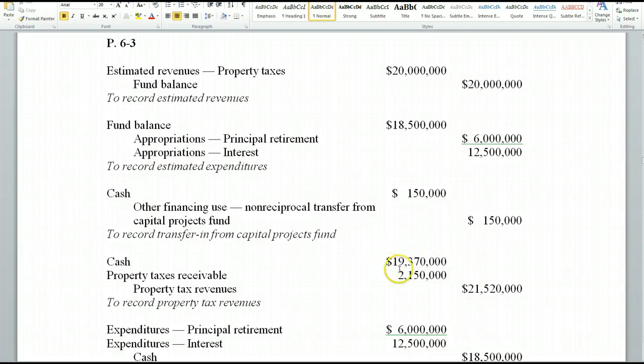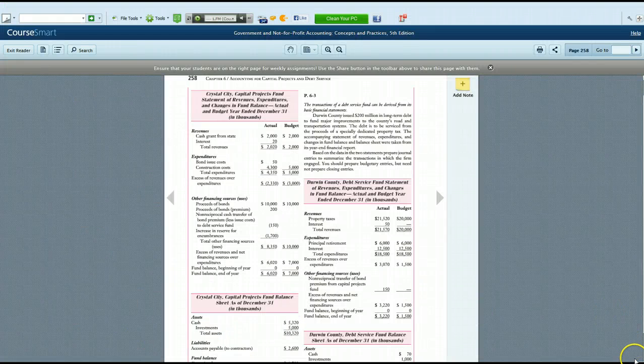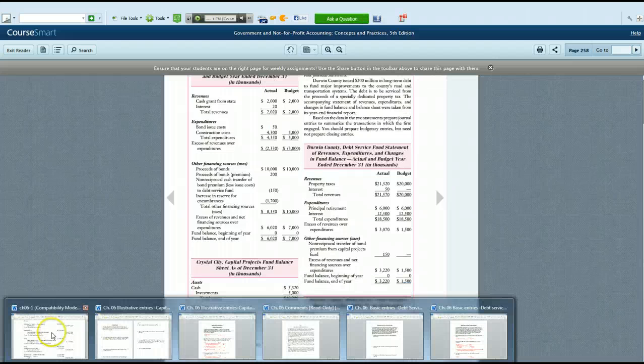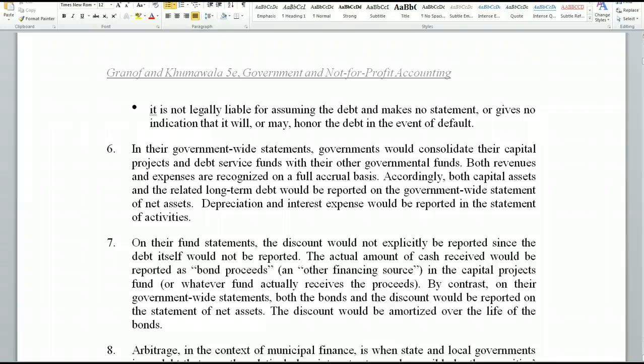We have the cash, and the reason we know we've got the $2,150,000 of property tax receivable, you'll be able to see here on the books, is $2,150,000 as of the end of the year that have not yet come in. So that is how we were able to come up with this entry of showing what in fact was received in cash for the property taxes.